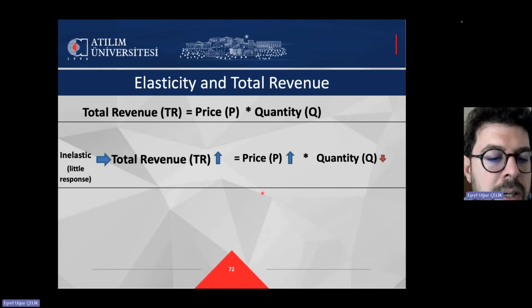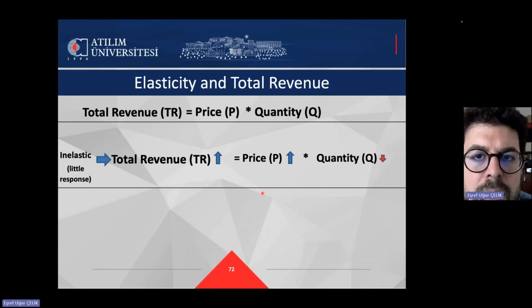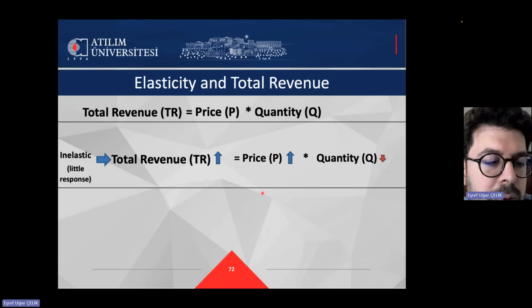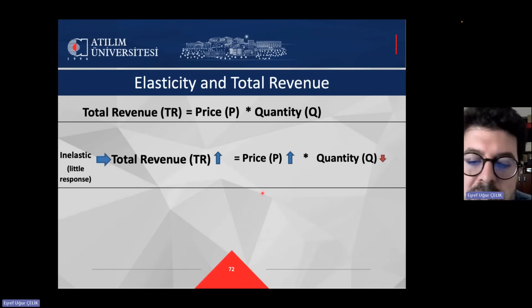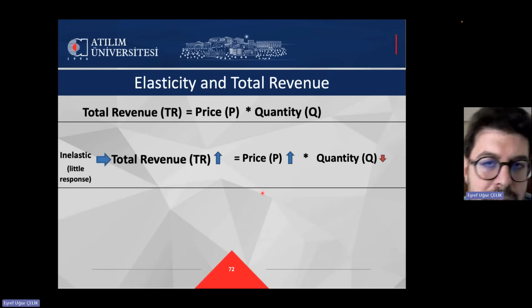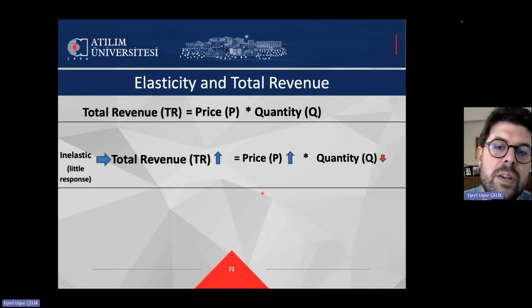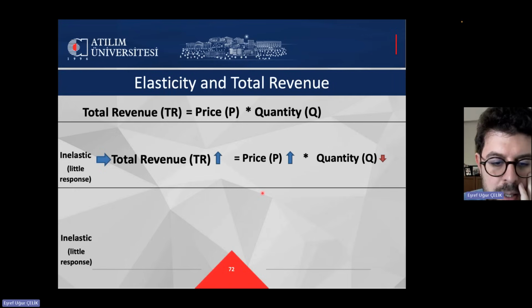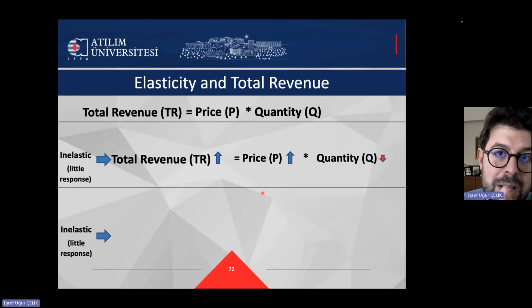As I said before, electricity or gasoline are examples of inelastic goods in real life. You always see the gasoline price become higher and the quantity demanded falls a little bit. That's why total revenue always becomes higher. But don't just memorize the real life example. Try to understand the direction.